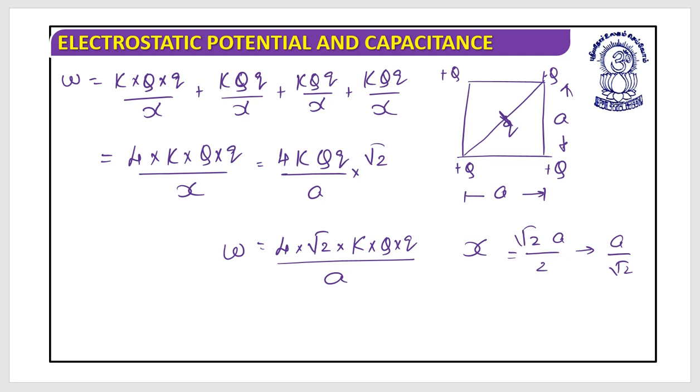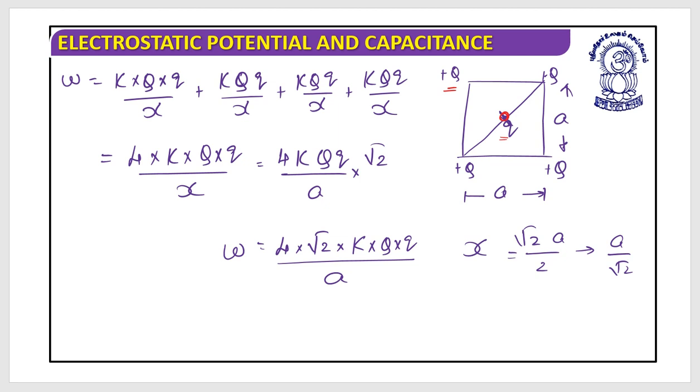Now what would be the work done by an internal force, and what would be the work done by an external force? Initially the charge is at infinity, and finally the charge is at the center point. There must be a force of repulsion, because this is plus q, this is plus q.